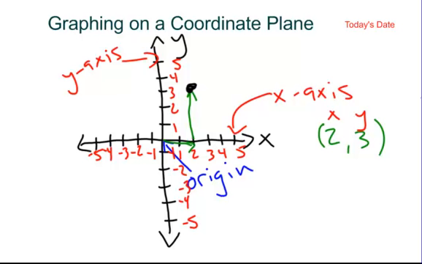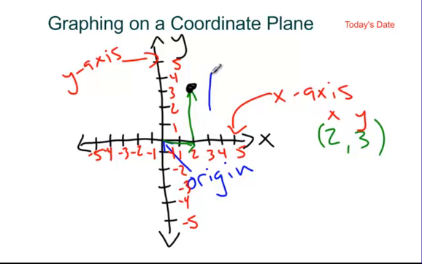Another thing that we have to consider is the quadrant. Now quad means 4, and so there are 4 sections of a graph, 4 quadrants. And the first one is the upper right-hand corner. So that's quadrant 1. And we're going to do everything in Roman numerals so that we don't confuse them with the other numbers.